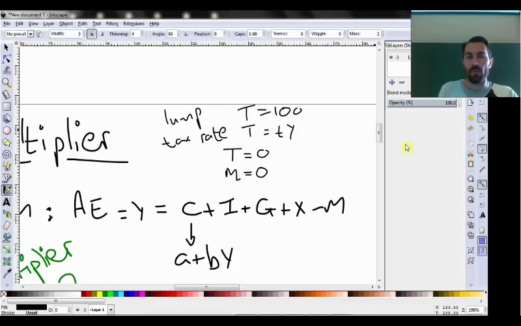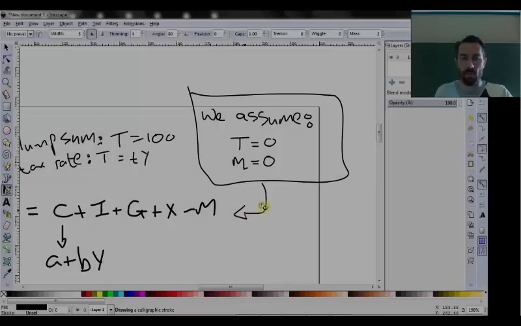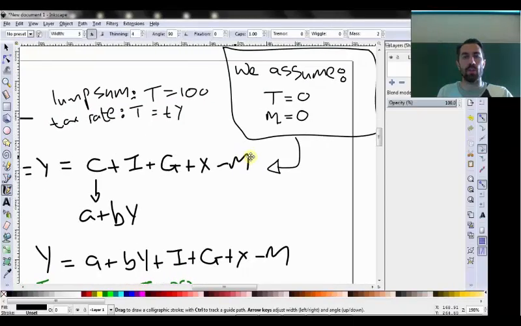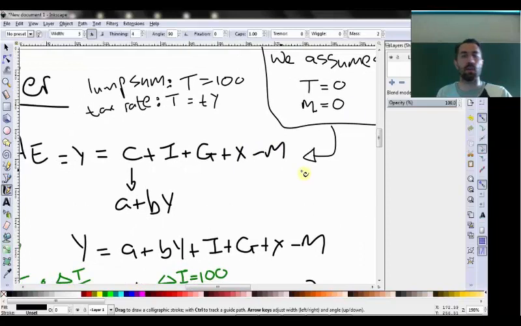So what we assumed was just that taxes equal 0. So this was our assumption. In our equation we've assumed that t equals 0 and little m equals 0. Now we're going to change that.